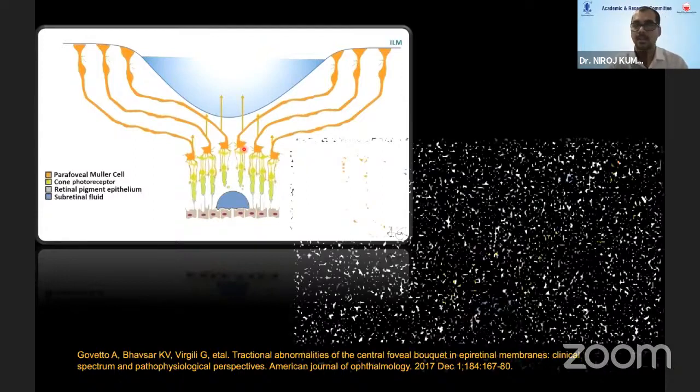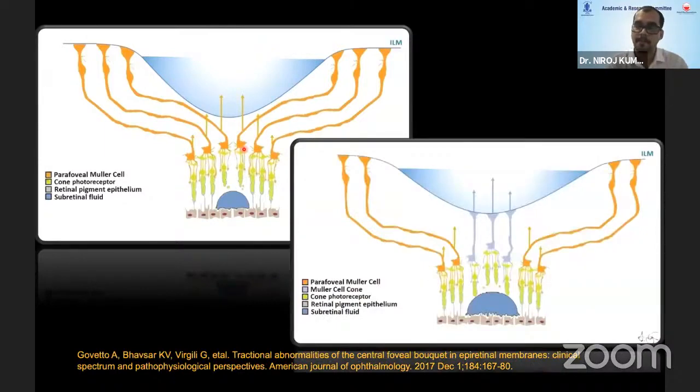The next model was that, according to this model, these eyes may or may not have vertical arrangement of Muller cells in the inner retinal layers at the center of the fovea. And these vertically arranged Muller cells, you can see here, can directly transmit the traction force by the ERM to the central bouquet.